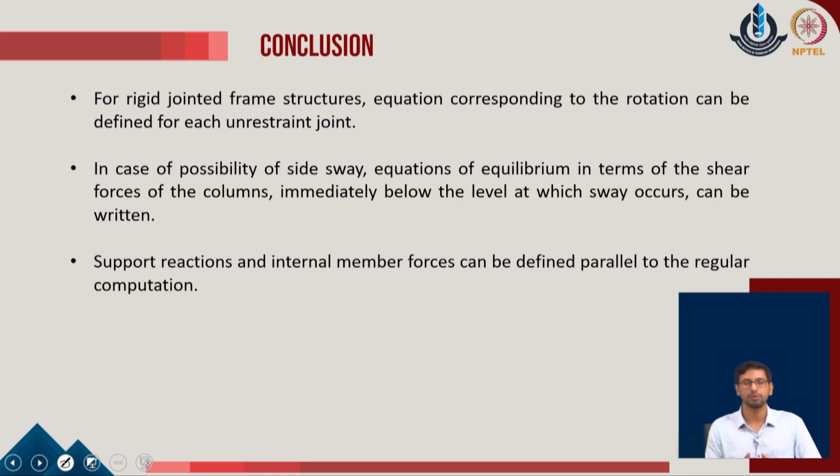So, these will only be contributed by the shear forces of the cross members of the given system. And finally, to calculate the support reactions and the internal member forces, doing a parallel computation while we are evaluating the fixed ended system or the released kinematically determinate systems, we can easily evaluate the overall response of the given system.